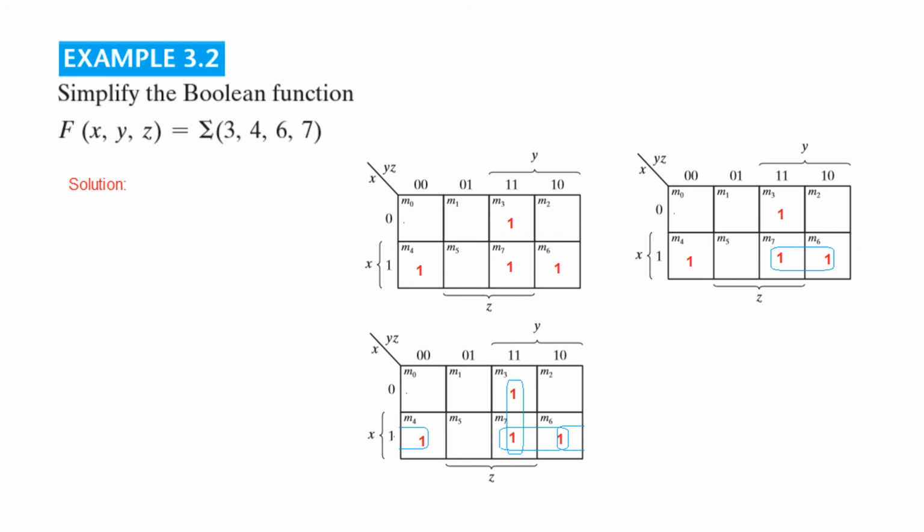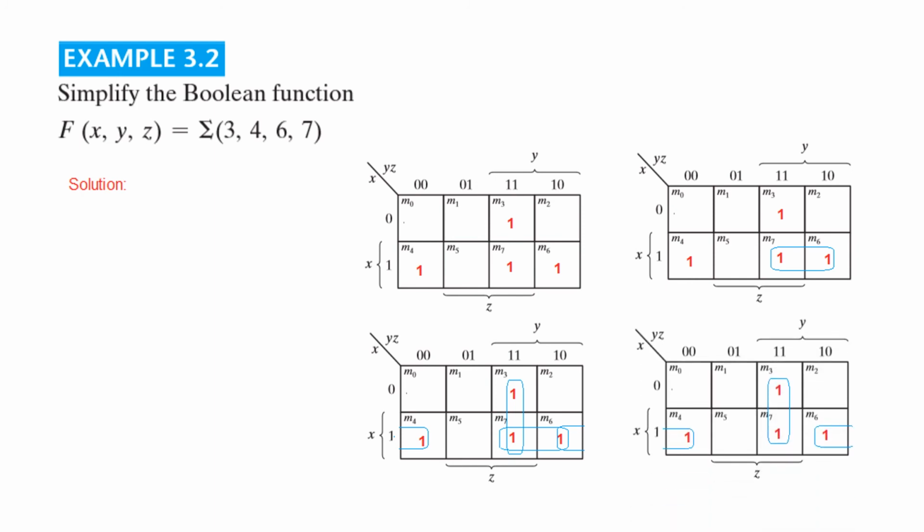So the best way is that we follow this technique. We pair this and we pair these outer ones. So this is the best option. Everyone is covered in this and no redundancy.